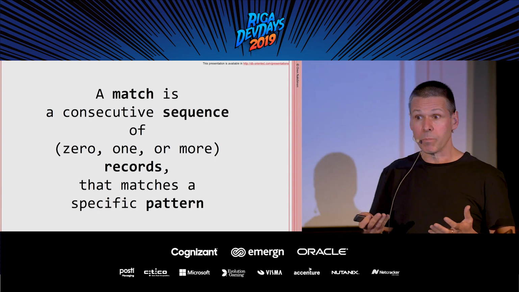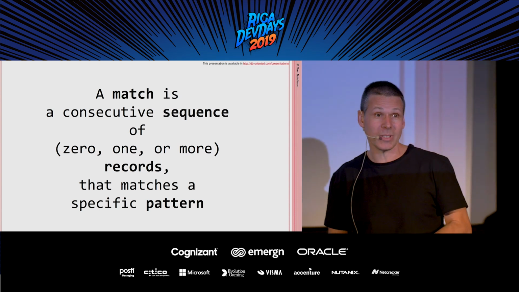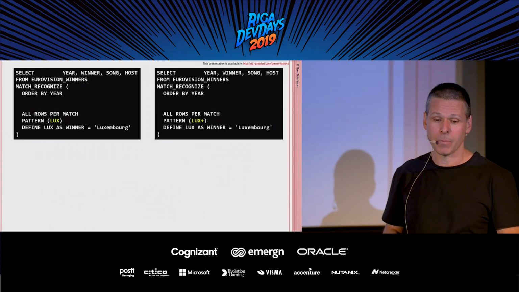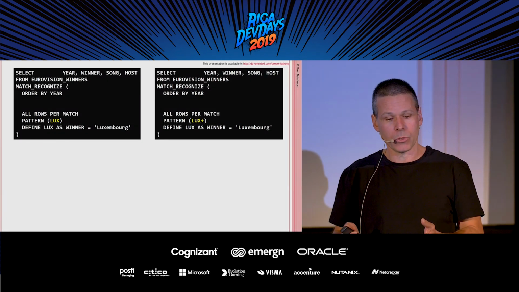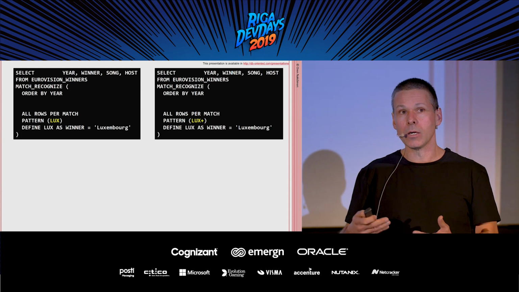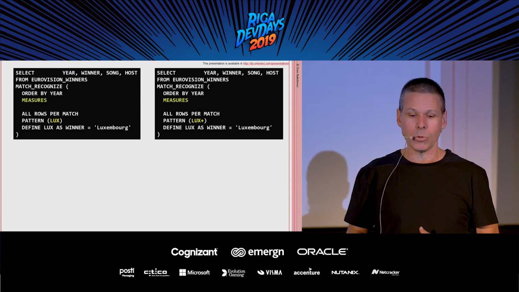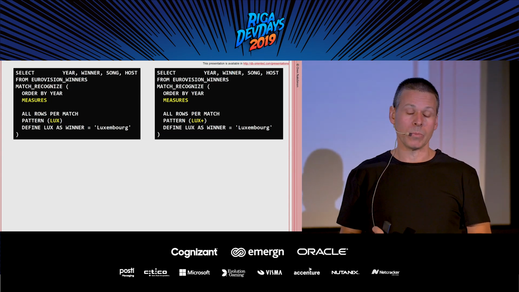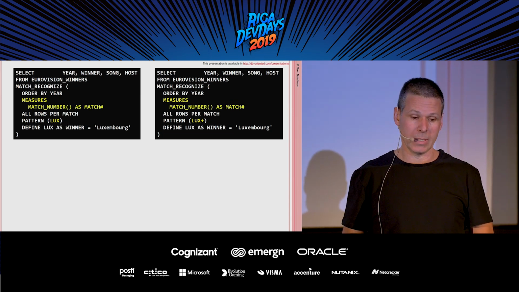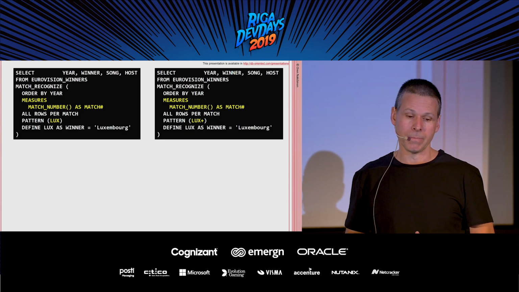So if it's all about matches, can we see the matches? Of course we can. We can add to the output of match recognize other columns, other expressions. We do it using the keyword measures, and one of the special functions that we can add as a measure is match number.